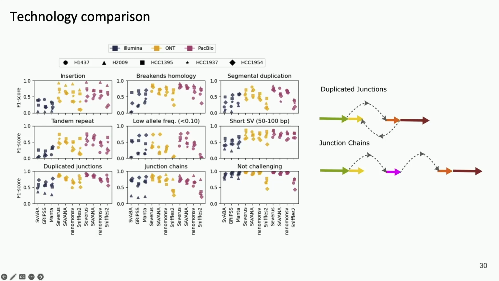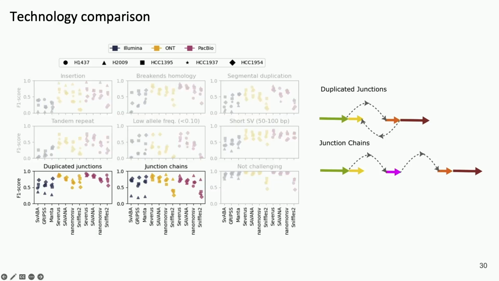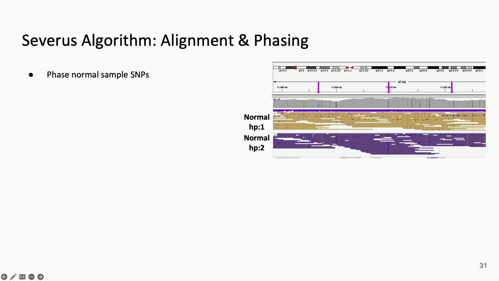But as I said in the beginning, cancer genome is hard, and you need to design your tool just for cancer. All the tools here, except Sniffles2, are designed for cancer genomes and do a pretty good job. So now we can detect structural variations quite well, and Severus performs quite nicely in all these challenging parts.